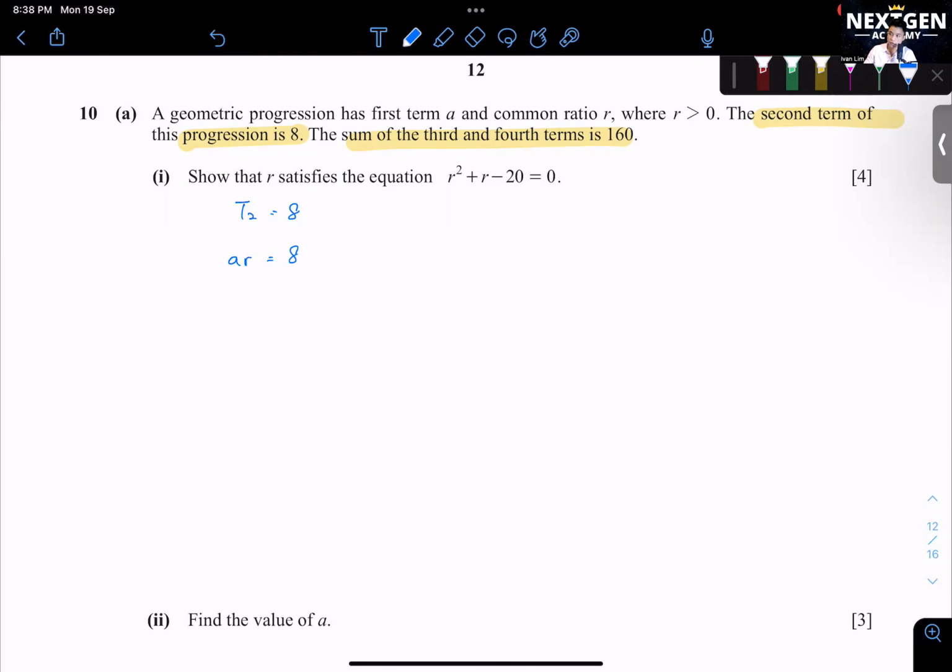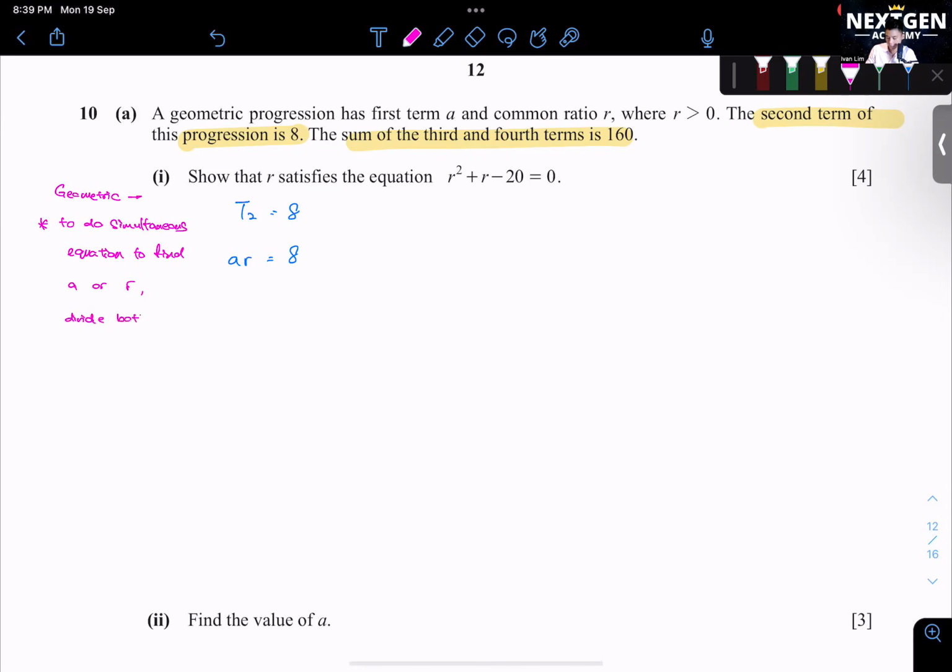Normally for geometric progression, you have to remember this. When you want to solve to find your A or R, you divide the entire equation. That means to do simultaneous equations to find A or R. Normally divide both equations with each other.